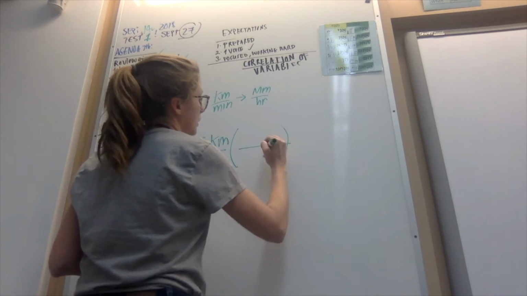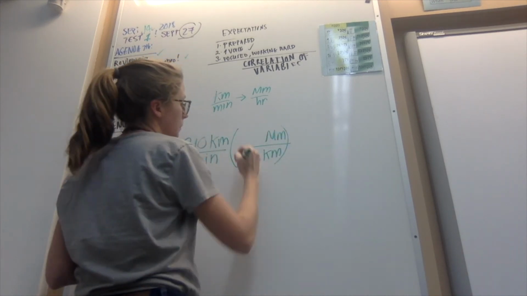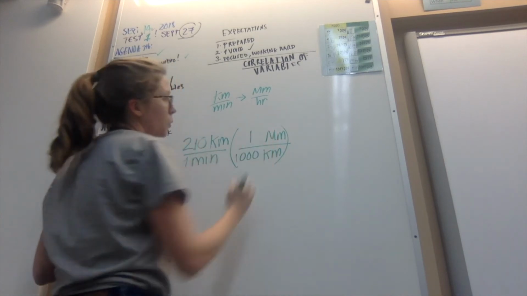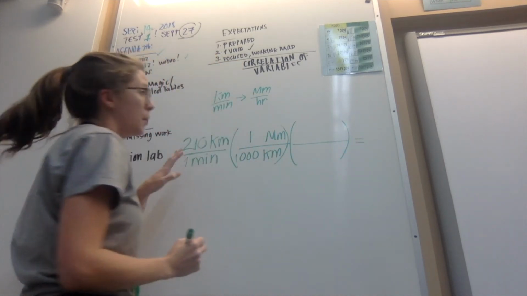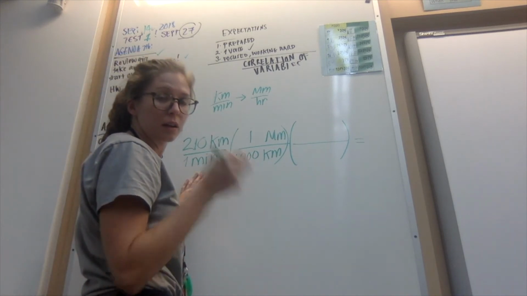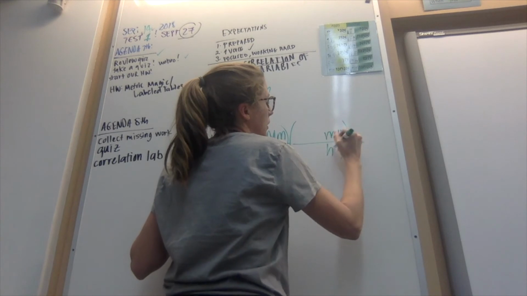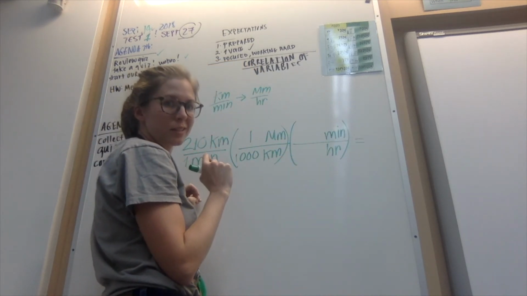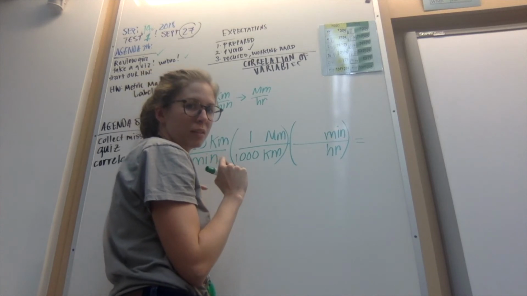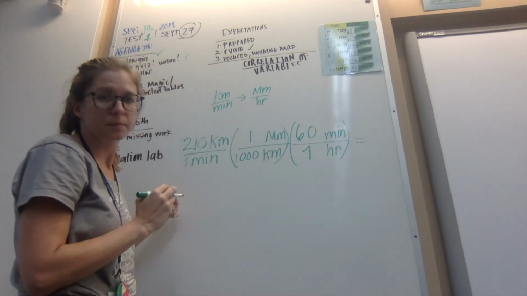So kilometers has to go on the bottom. Megameters goes on the top. There's 1,000 kilometers in 1 megameter. And then minutes is going to convert to hours. And you know that relationship. There are 60 minutes in 1 hour.